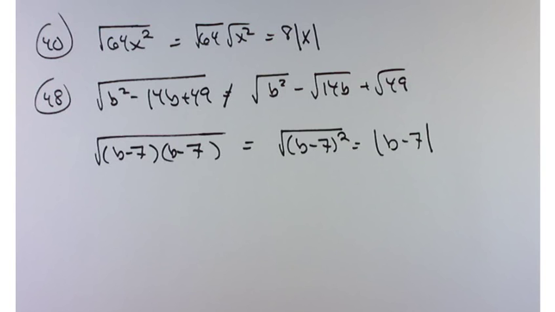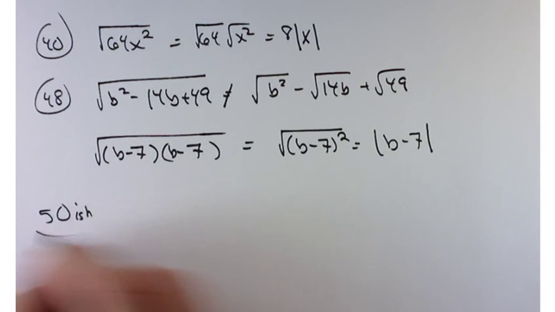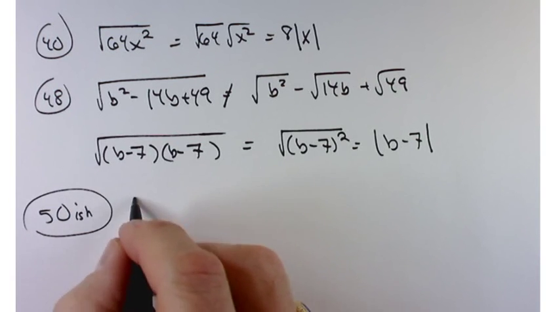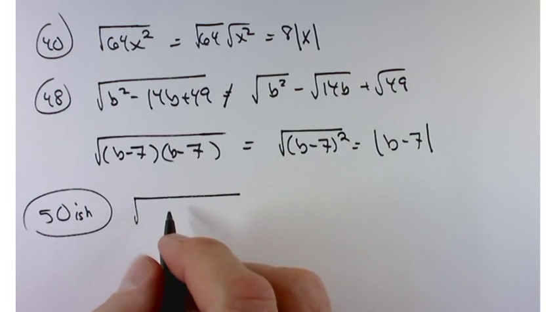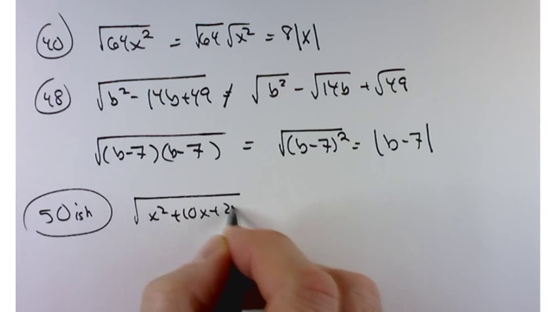Okay. So let me give you a couple to try. We'll do problem number 50-ish. I'm going to change it a little bit from what the book has. Square root of x squared plus 10x plus 25.